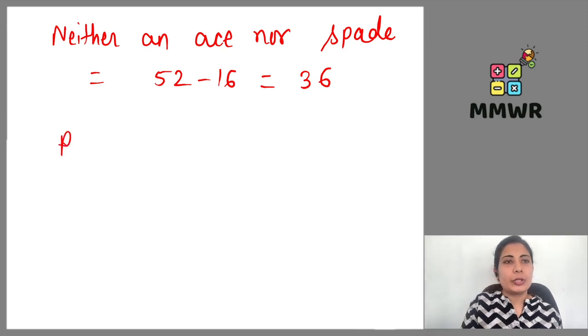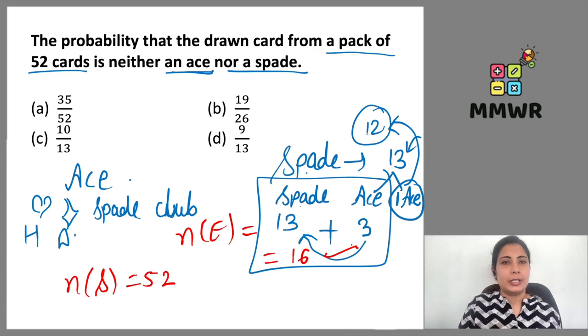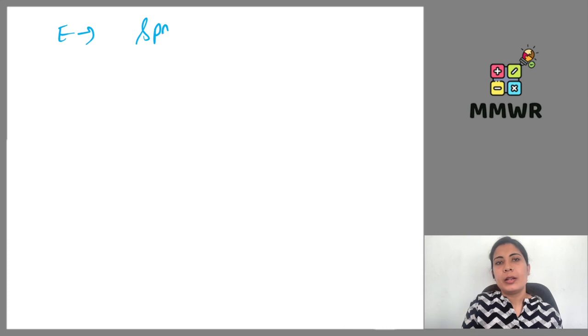So the probability for this particular event is going to be 36 upon 52, which gives me, 4 nines are 36, 4 13s are 52, so 9 upon 13 will be the probability here. We can do it this way also: the spade cards and ace cards we calculated, 13 plus 3, total 16.